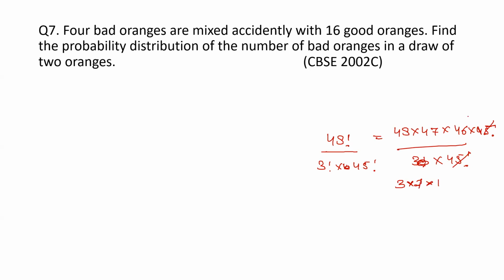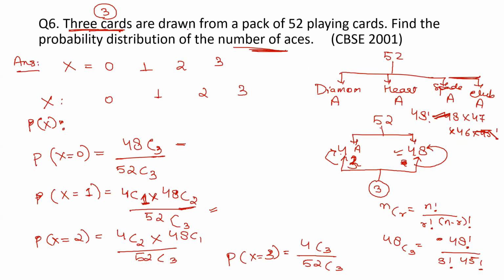Cancel out 2 here, you will get 23. Here 3 with 48, you will get 16. Now in this way, Umair, please do the complete calculation and share your answer. You have to do the same thing for 4C2 also. For all, wherever you have a combination, apply the same formula and share your answer.